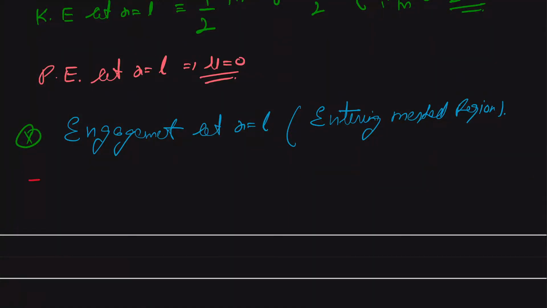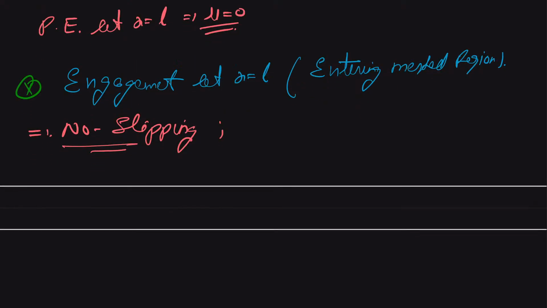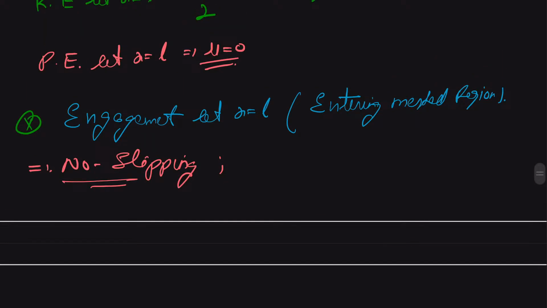So from here we can say that there is no slipping, and if there is no slipping, the velocity of the contact point, that is the bottom point, will be equal to 0.